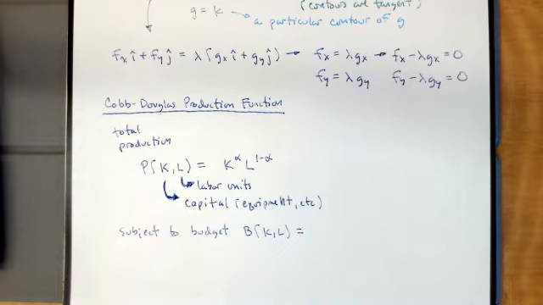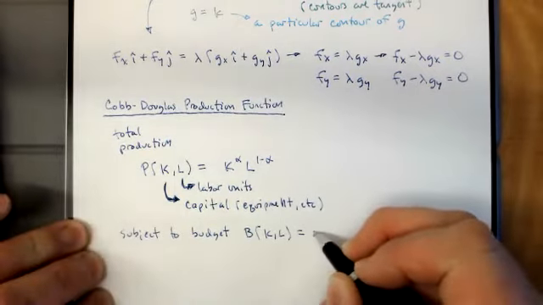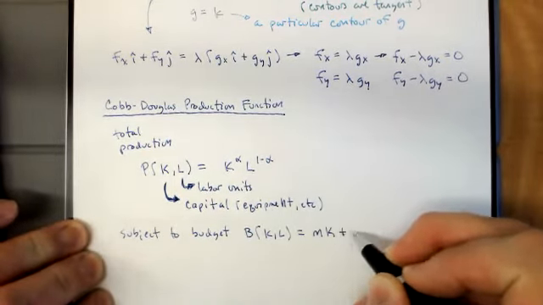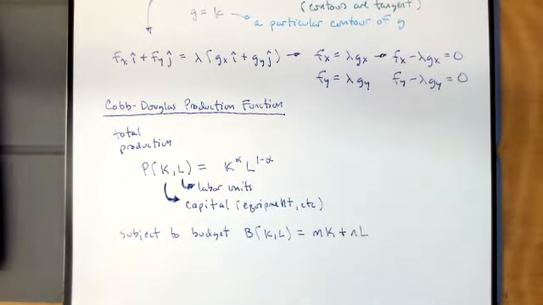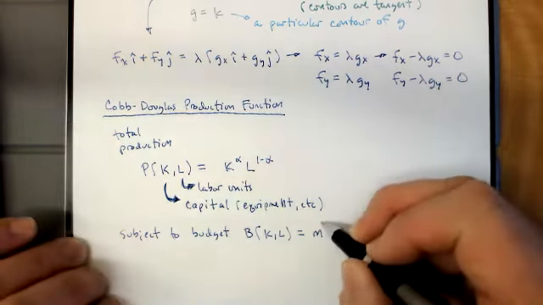Our budget is much more straightforward. Each unit of capital costs a certain amount. Each unit of labor will cost a certain amount. So our budget should be our number of capital units times the unit cost per capital unit. That's what M is going to represent.